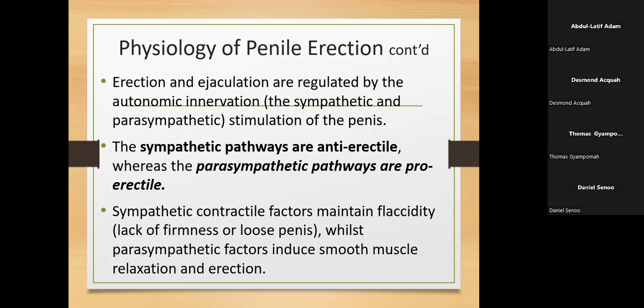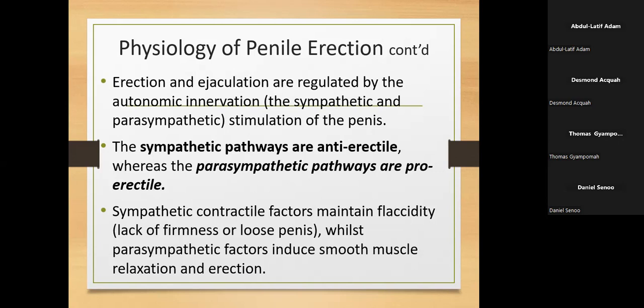If you want to give examples of parasympathetic phenomena, you're talking about sleep, digestion, normal heartbeat and stuff like that. They are all parasympathetic. I'm sure this slide looks technical, but you have understood it.